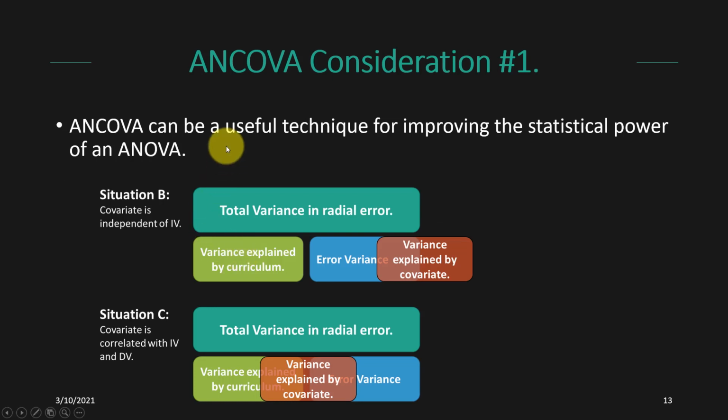ANCOVA can be a very useful technique for improving statistical power relative to analysis of variance. As we've explained, that's because variance explained by the covariate gets pulled out of the error term and is now explained variance, which makes the denominator of our F-test smaller, which means given the same reduction in error here, we're more likely to have a statistically significant result.